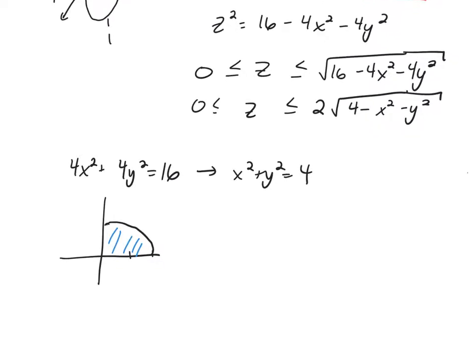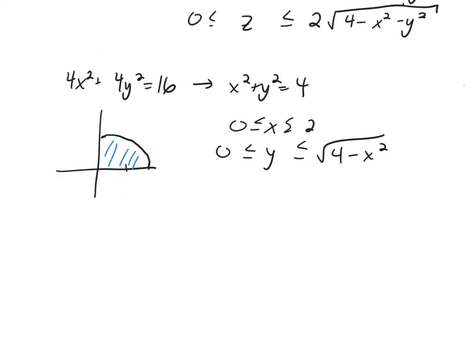So x is between 0 and 2, y is between 0 and the square root of 4 minus x squared. So now I'm ready to find the volume.